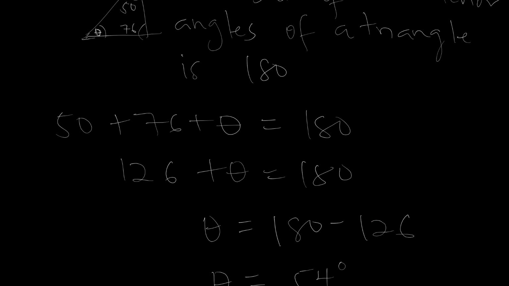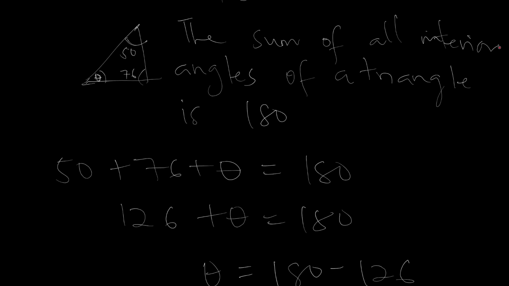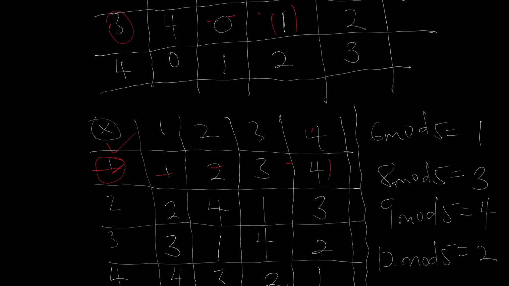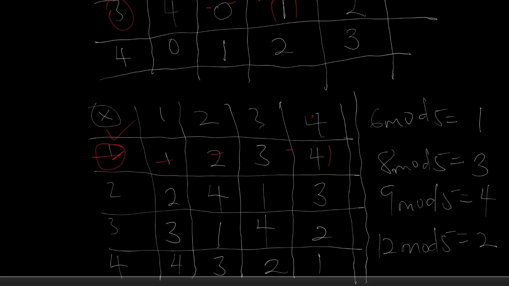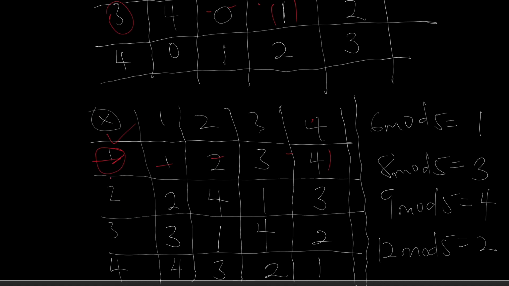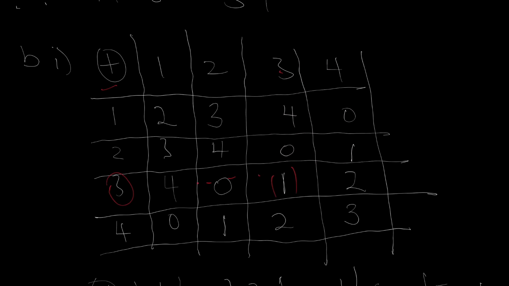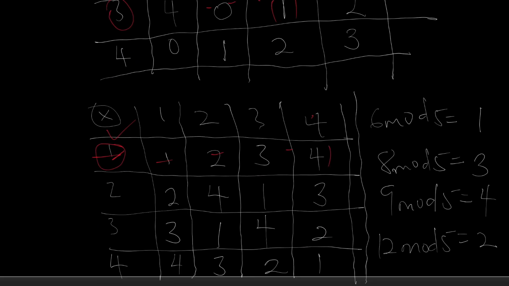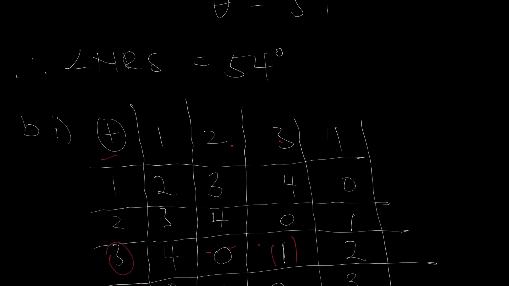So if m is 1, 1 plus 1 is 2, and 1 times 1 is 1. So obviously, it's not 1. So we move on to 2. 2 times 1 is 2, and 2 plus 1 is 3. 2 times 2 is 4, and 2 plus 2 is also 4.